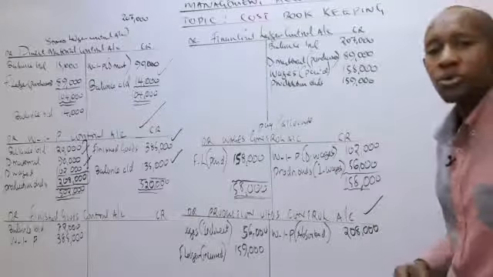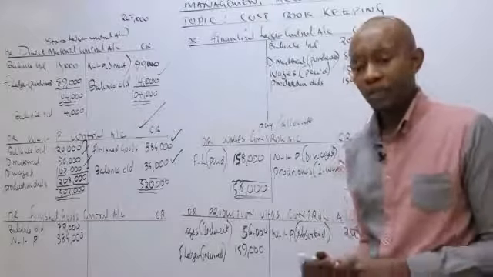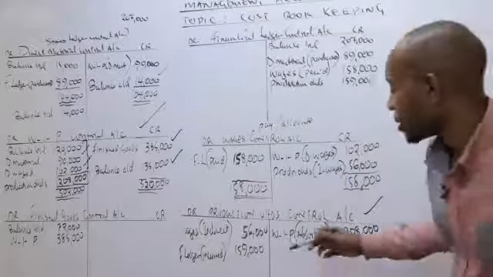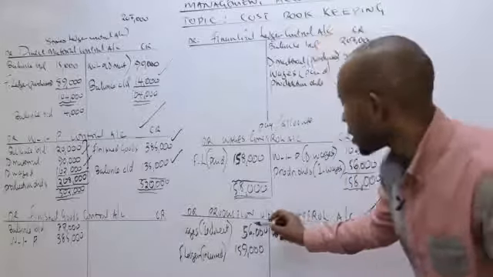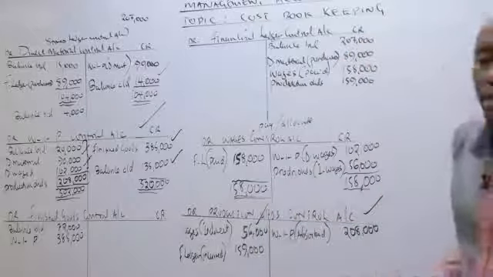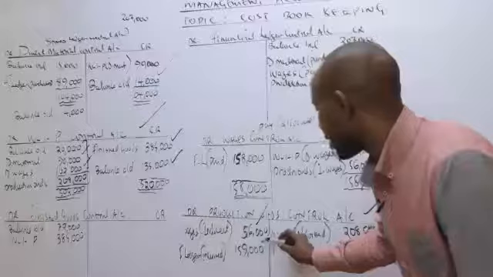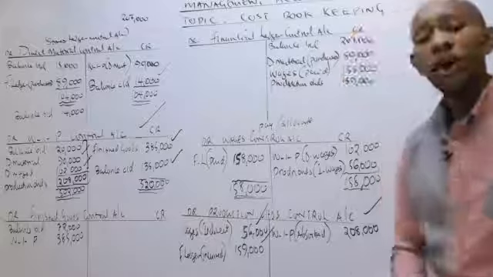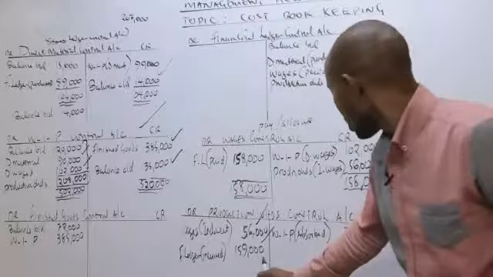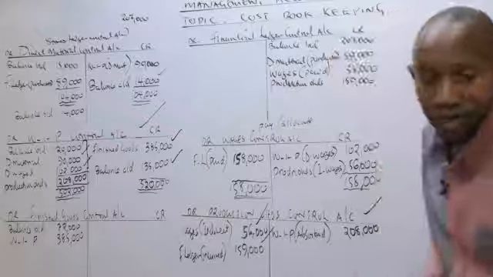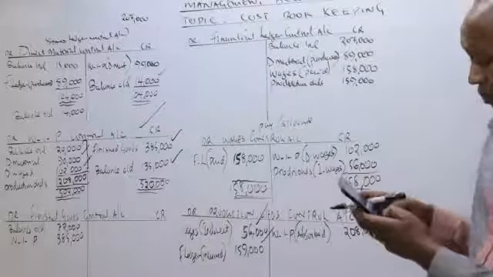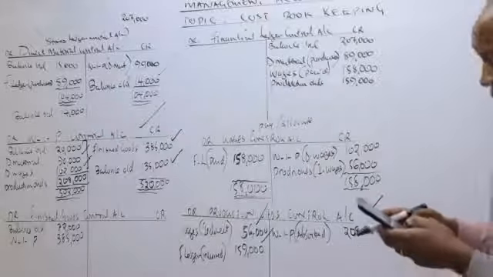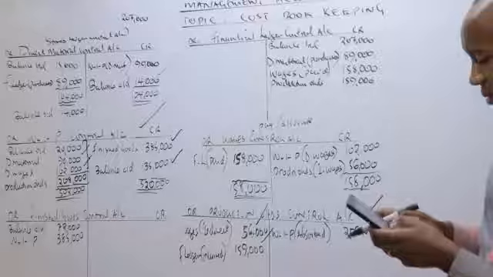Now let me come to how we close the production overheads control account. We have indirect wages paid of 56. We also have expenses incurred as far as production is concerned for 159. What is 56 plus 159?